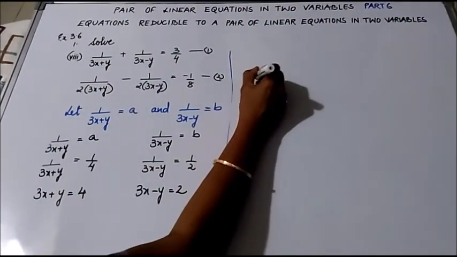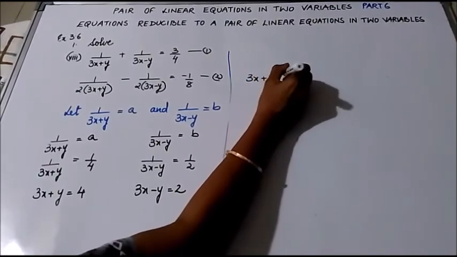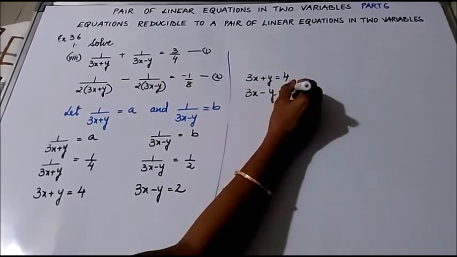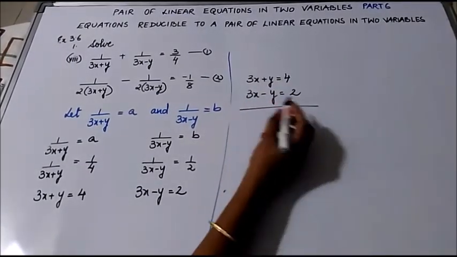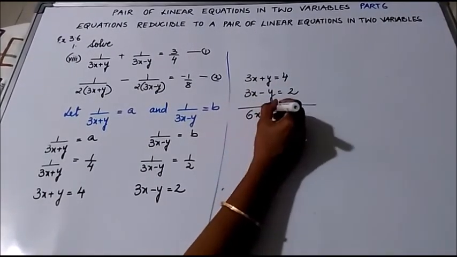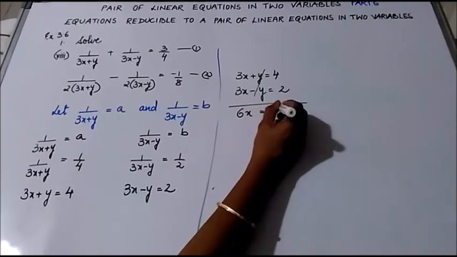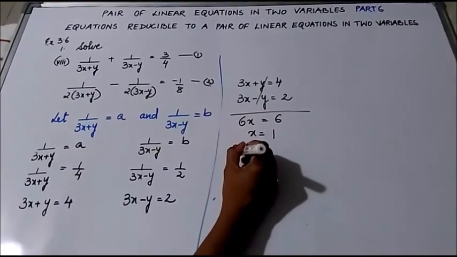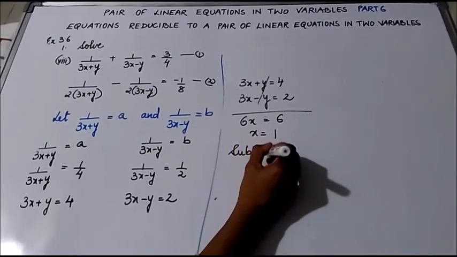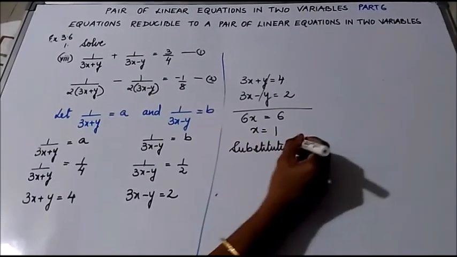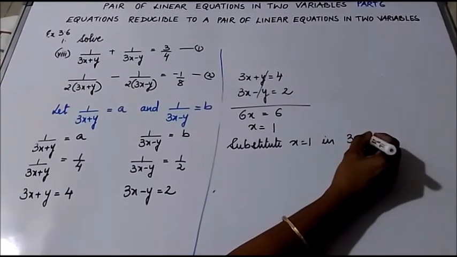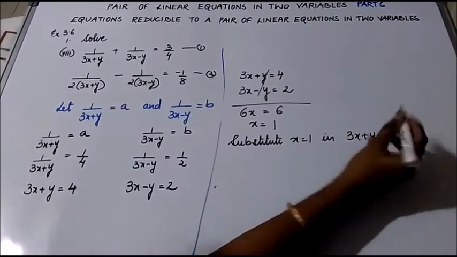What you get here? We got 3x plus y is equal to 4. 3x minus y is equal to 2. We'll add both the equations. We will get here 6x, here y will get eliminated, is equal to 6, x equal to 1. Now substitute x equal to 1 in the equation 3x plus y is equal to 4.